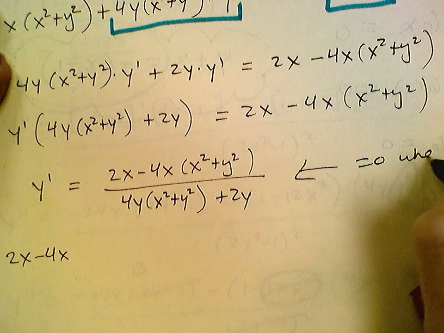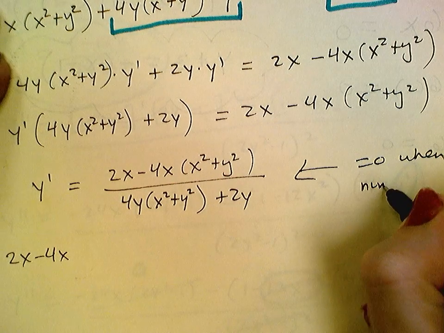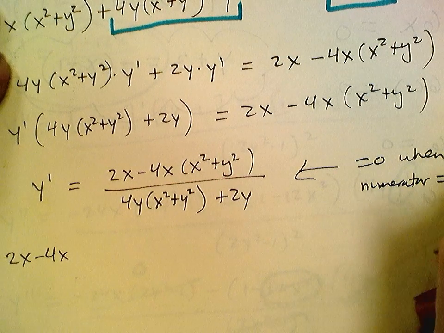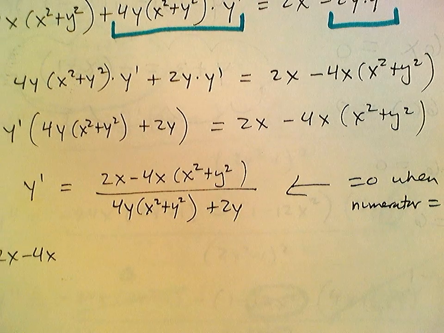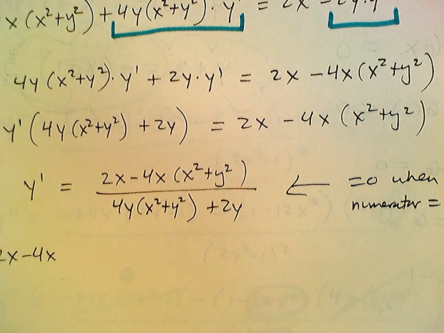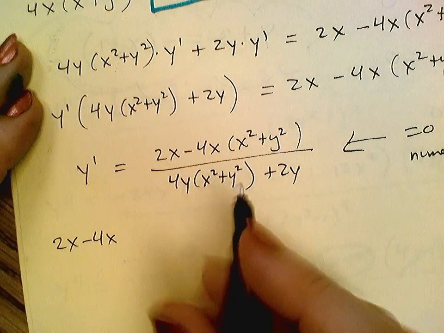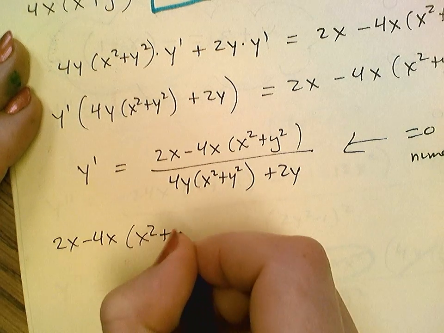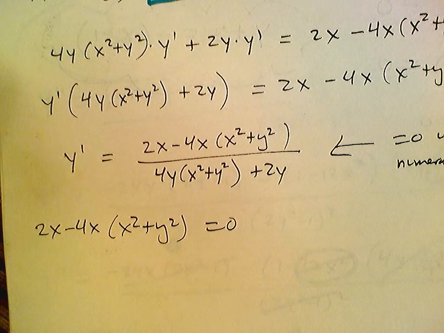It equals 0 when the numerator equals 0. A fraction equals 0 when its numerator equals 0. It's undefined when its denominator equals 0. So I'm just taking the numerator and setting it equal to 0.